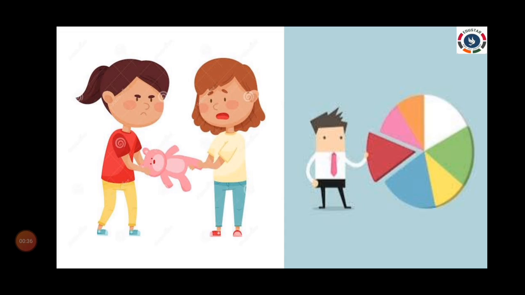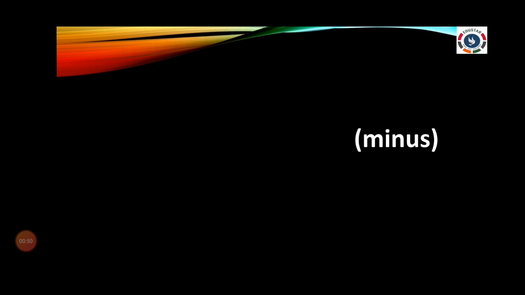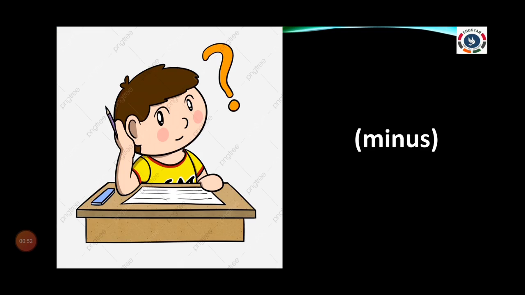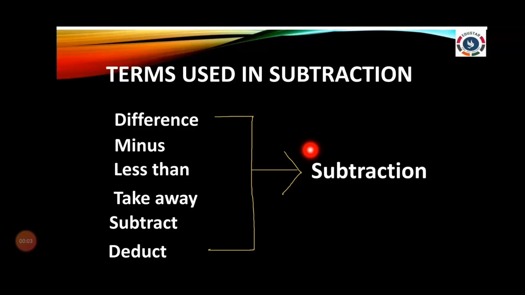Here, one girl is getting things from another girl, and one boy is taking one part of the circle from the whole. That means taking away. Terms used in subtraction: difference, minus, less than, take away, subtract, deduct. If we find these words in any sum, immediately consider it subtraction.